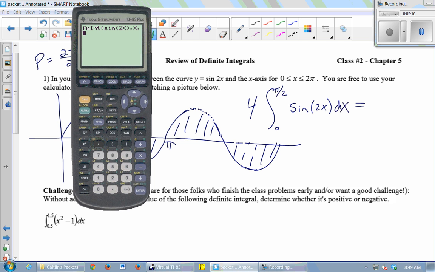And then we have to put in the bounds of integration, 0 and pi over 2. And it looks like the area under each arch is 1, multiplied by 4. 4 times 1 is 4.